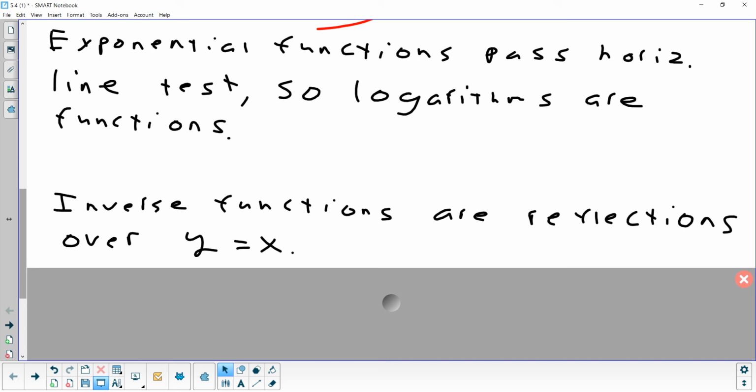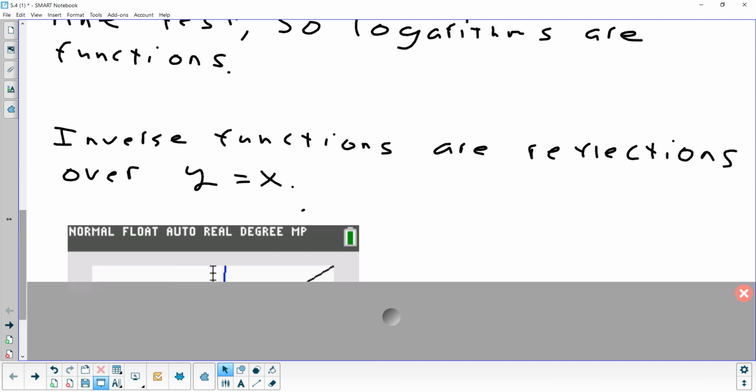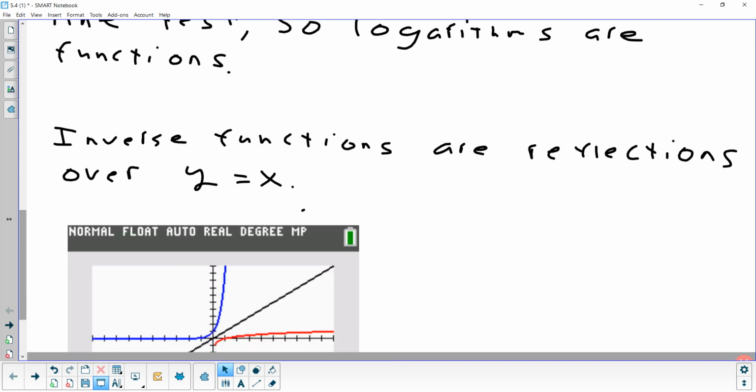And if you want to think about what that means visually, okay, inverse functions are what we call reflections over the line y equals x. So let me graph a log function, and let me graph an exponential. And you can see how they're inverses.